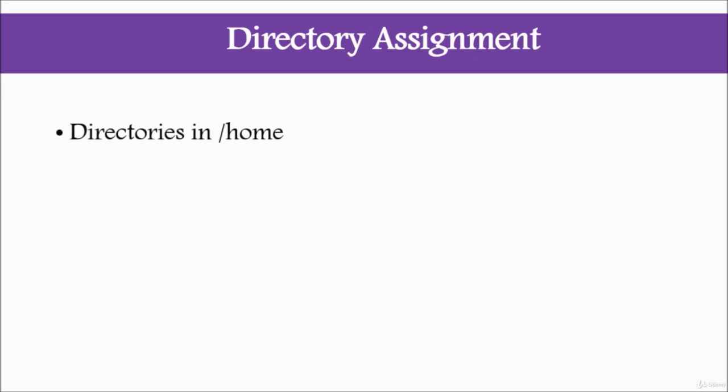What happened is there are home directories, or directories inside of /home, but all those users that are in /etc/passwd, those directories do not belong to them. So why do we have those directories if they do not belong to any of the users in /etc/passwd?